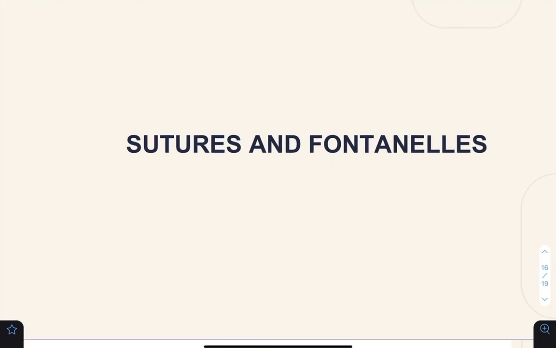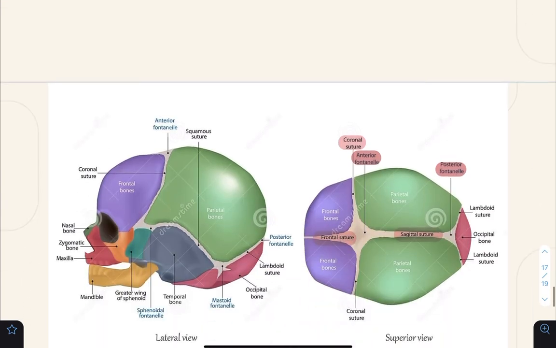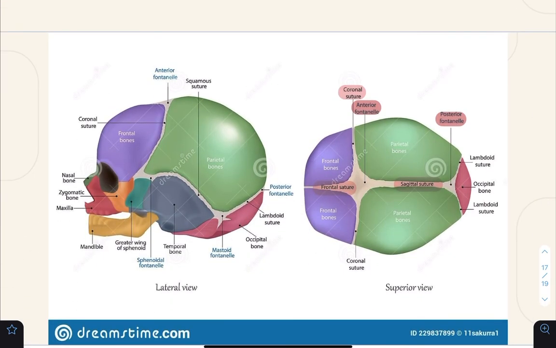Finally, we are going to talk about sutures in fontanelles. Now, the fetus's skull is very similar to a normal adult skull, بس اللي لازم تركزون عليه الfontanelles اللي هم they're soft spots on the infant's head where the bony plates that make up the skull have not yet formed together.